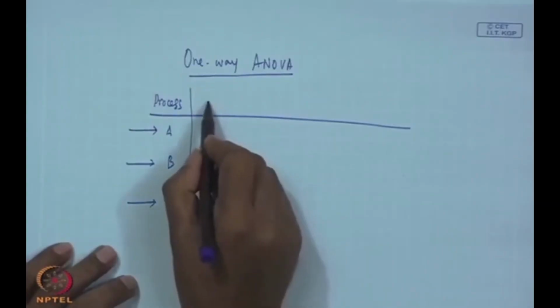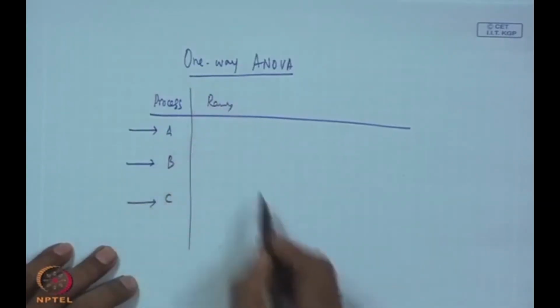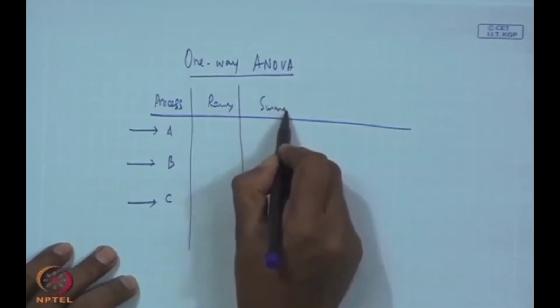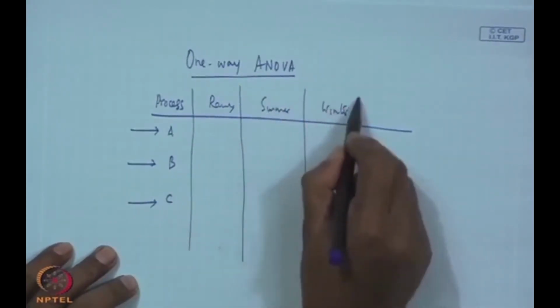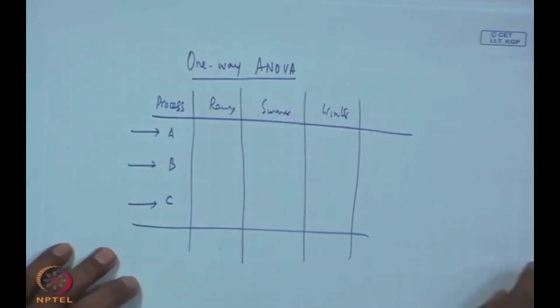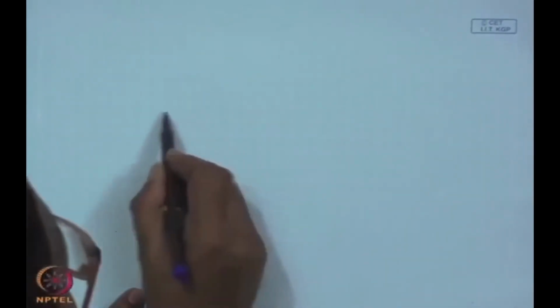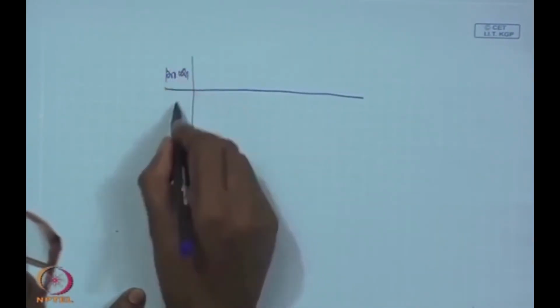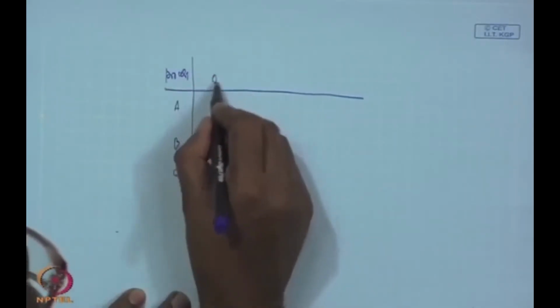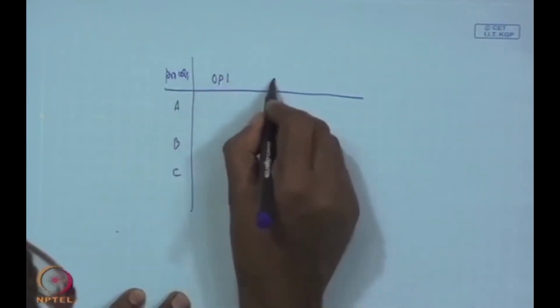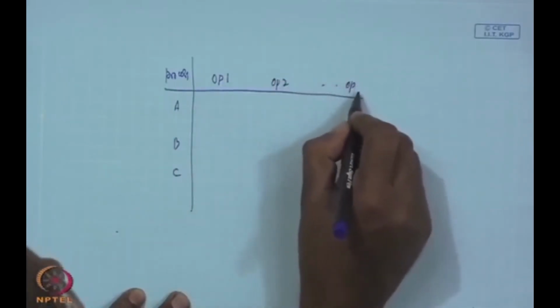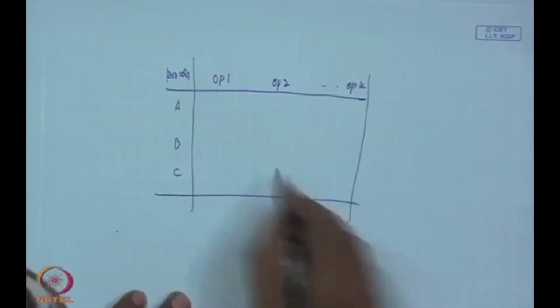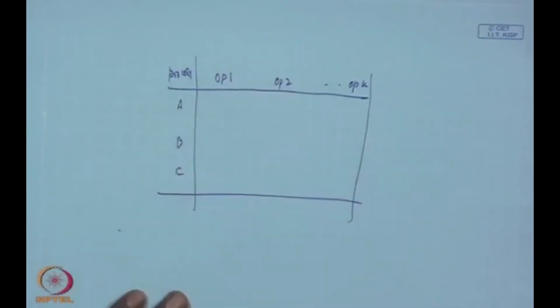It may so happen that during rainy season the performance will be bad, then summer and winter. This is one. Second issue may be, suppose the process operators: process A, process B, process C, but there will be different operator level 1, operator level 2 and operator level suppose K. Who is actually operating the process also determines the quality of the process.